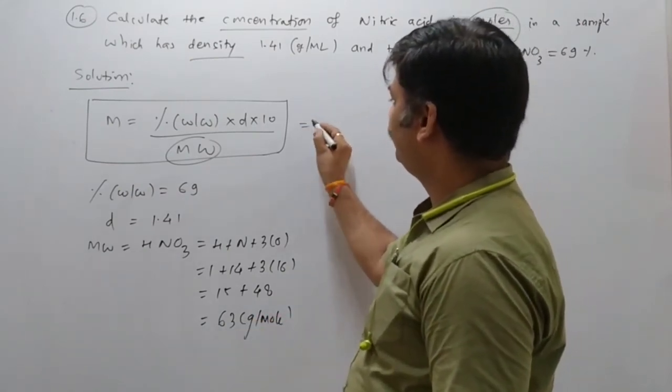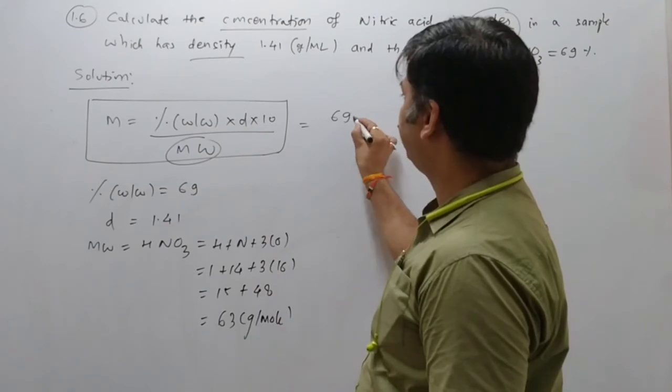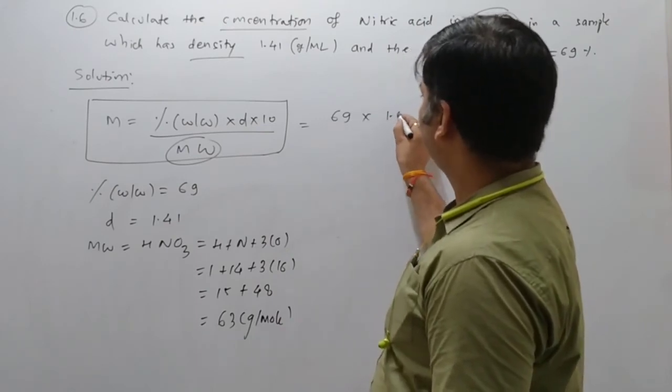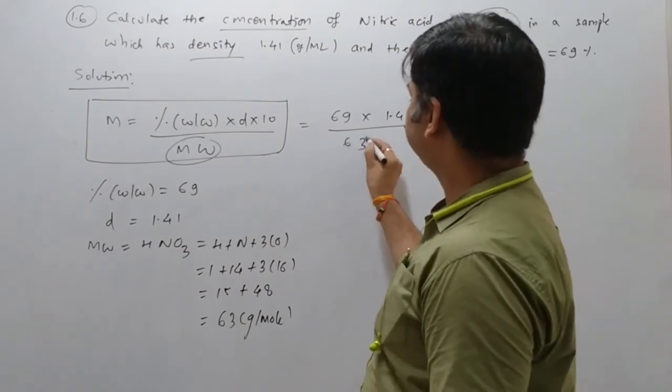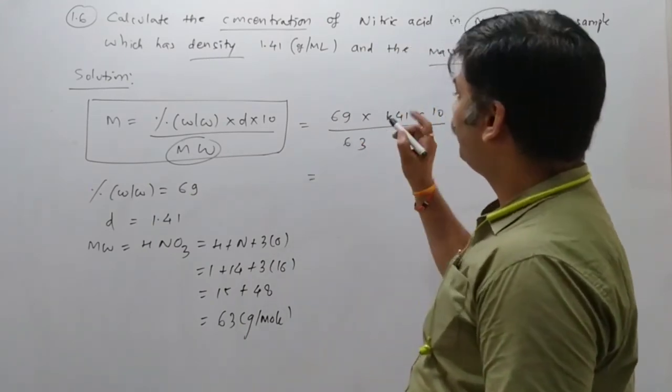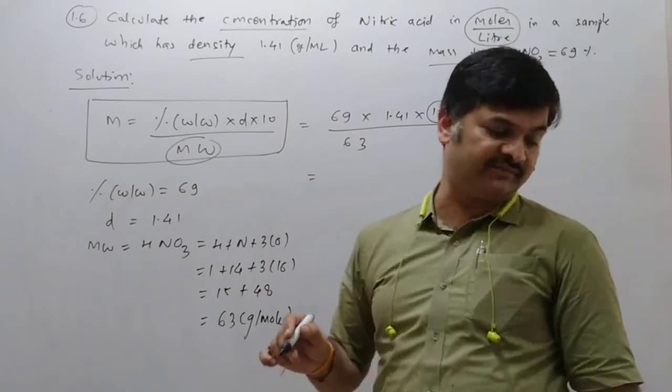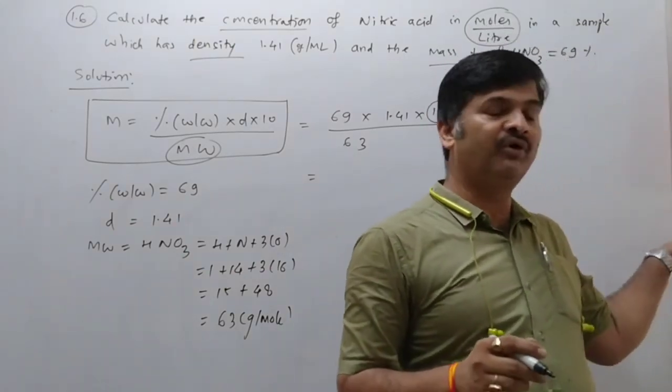Now put this value here: percentage is 69, density is 1.41, 10, and then 63. In this formula, the number 10 will always be fixed.